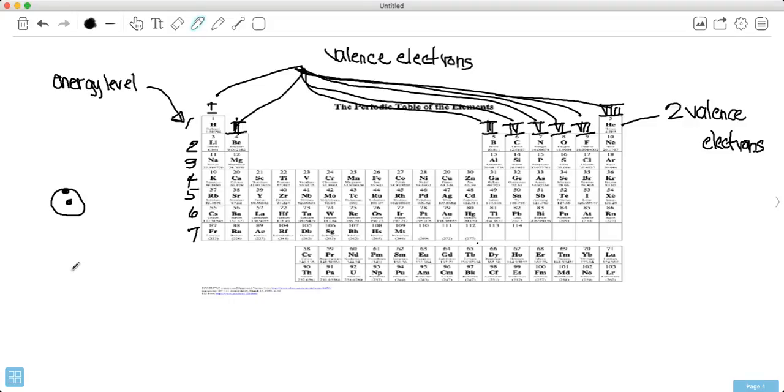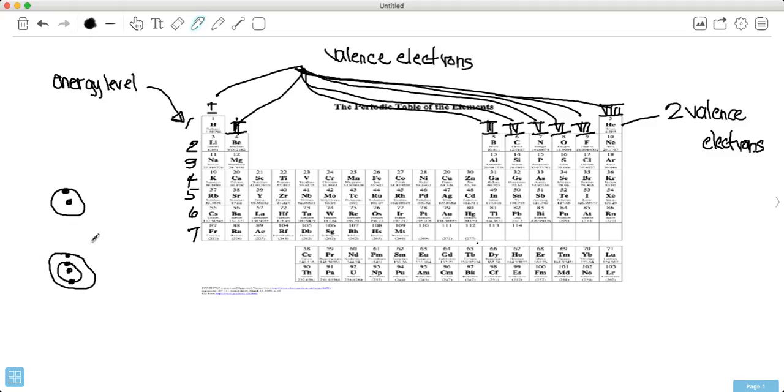But if I take a look at lithium, lithium is in period 2. Lithium has 2 energy levels. You have 2 electrons on the first energy level and 1 electron on the second energy level. That would be the 3 electrons.